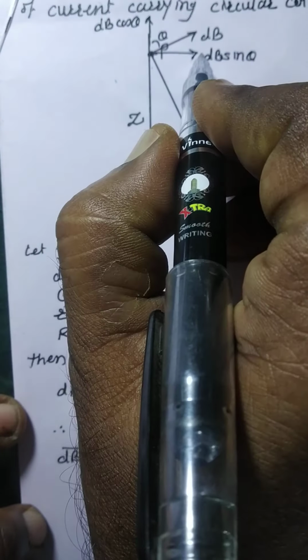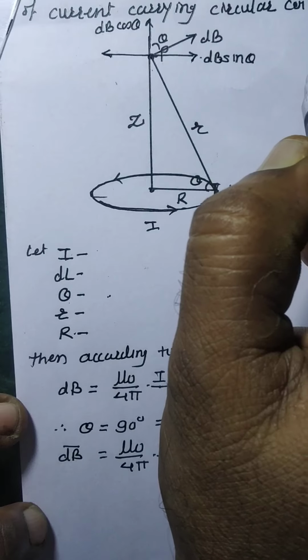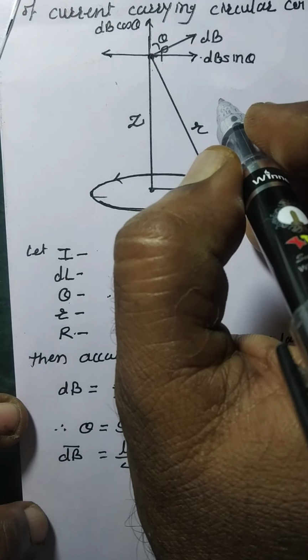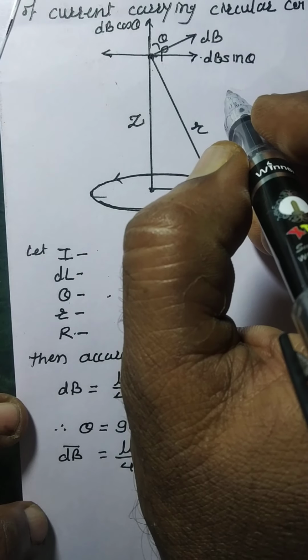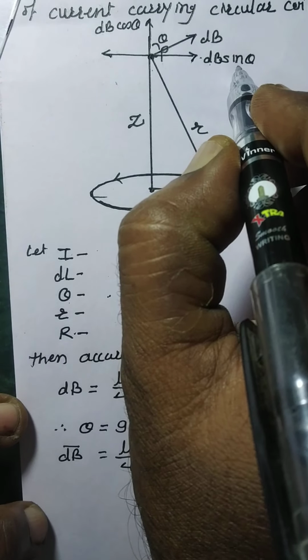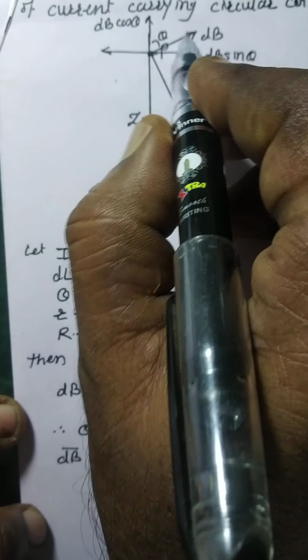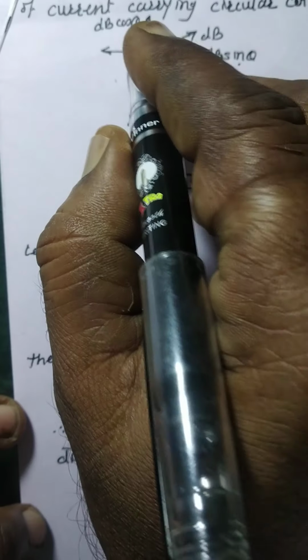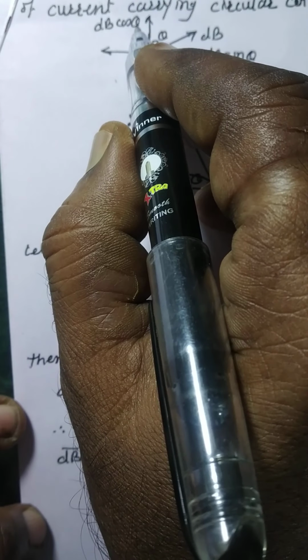The horizontal components dB sin theta of this magnetic induction cancel each other, and only the vertical component dB cos theta adds.